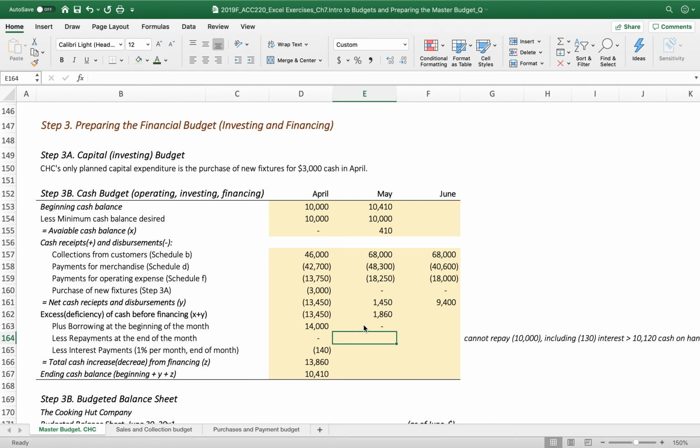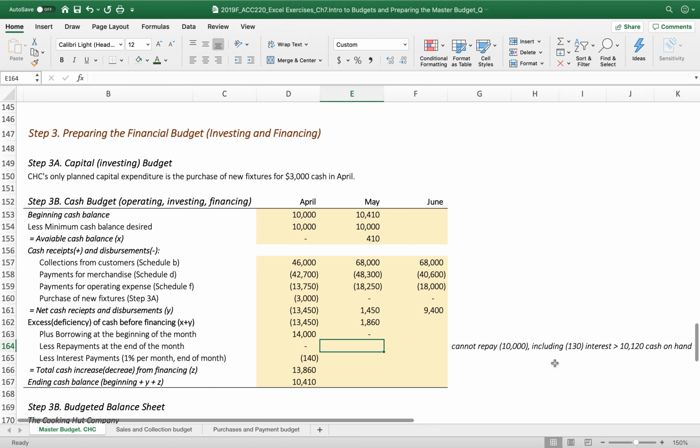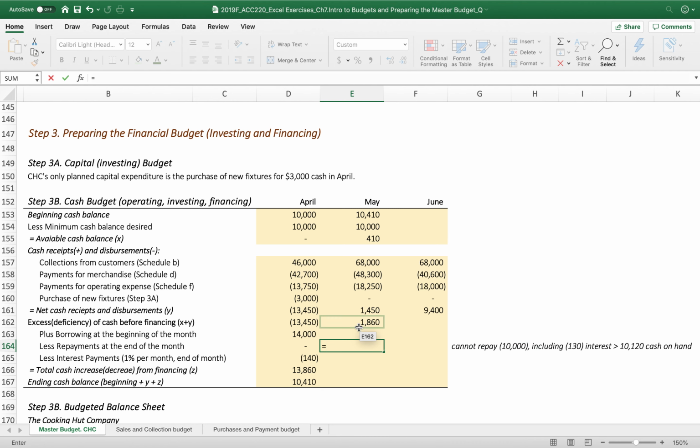But repayments, how much can they repay? Again, $1,000 multiples they can repay. So out of 1,860, they repay $1,000. Okay. Then what is the interest payment at the end of the month? Right, interest payment, how much is it? $14,000 times 1%.